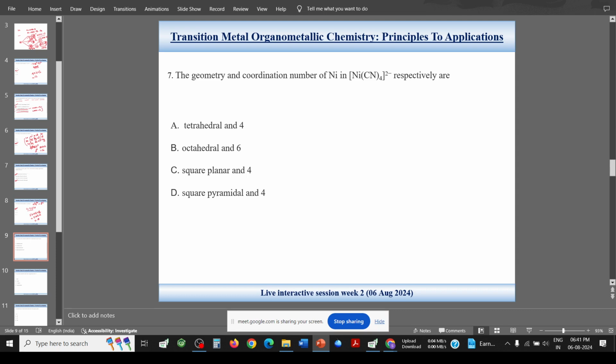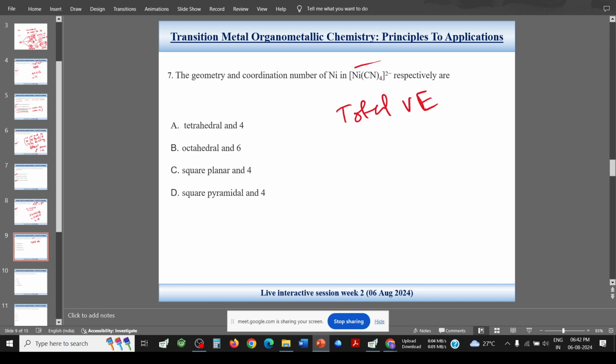This question is very interesting. The geometry and the coordination number of nickel in [Ni(CN)4]2- respectively are. In addition, also count the total valence electrons for this nickel complex.